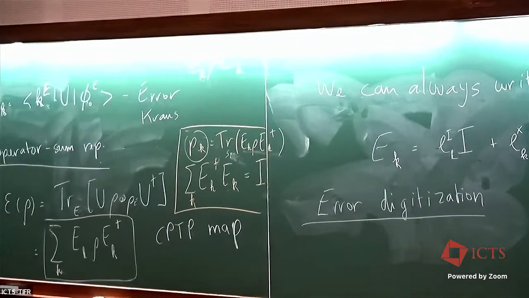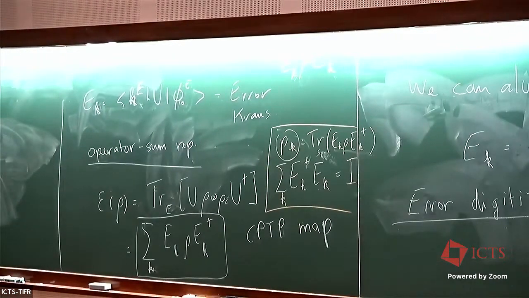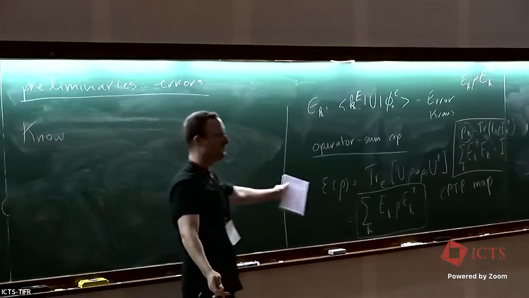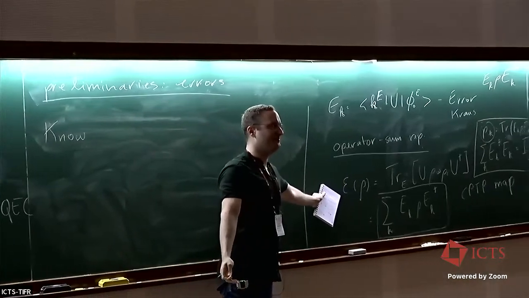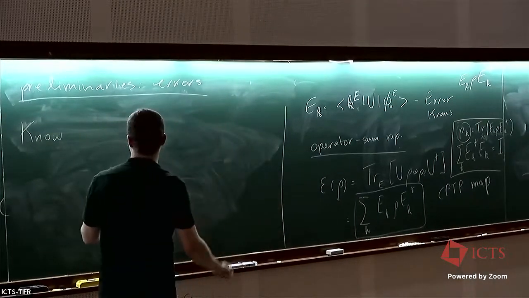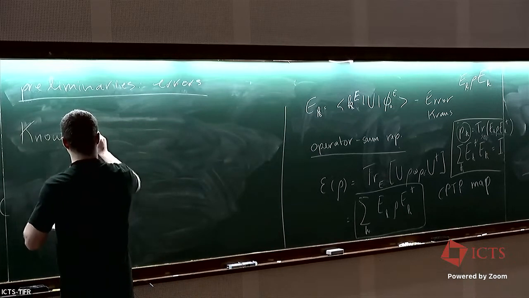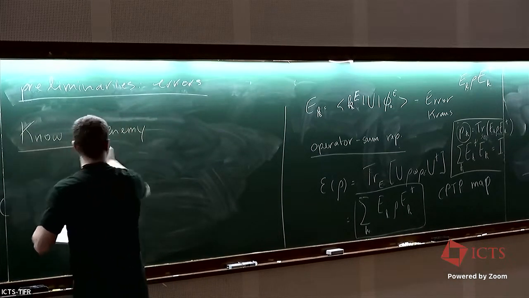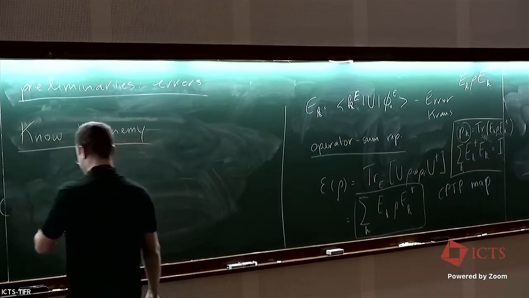We'll learn about a few very important error channels. Error channels are different types of epsilon, or different types of sets of Kraus operators. Know thy enemy. You have to really understand the errors before you fight them.